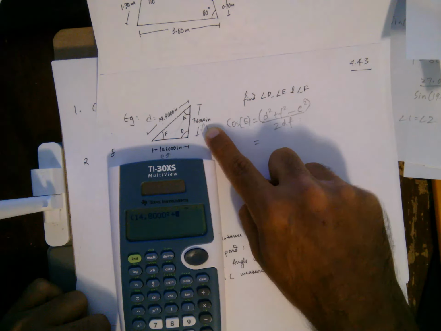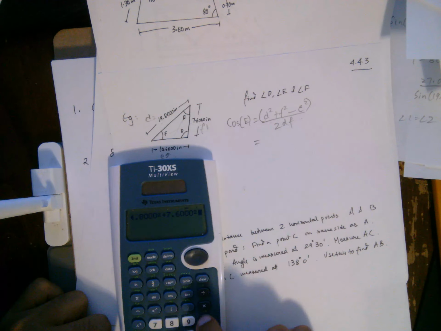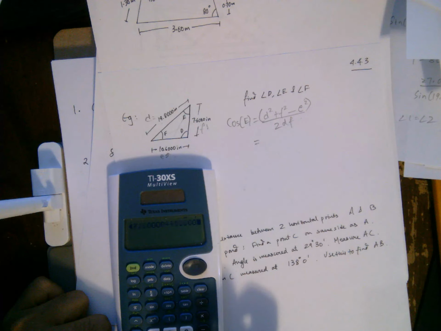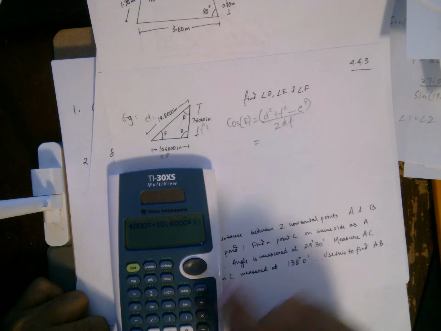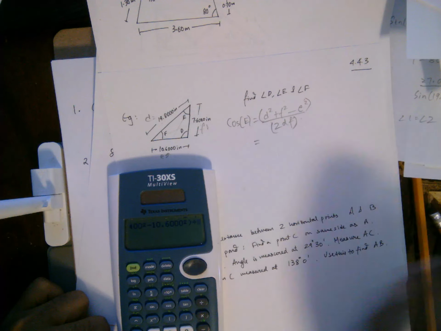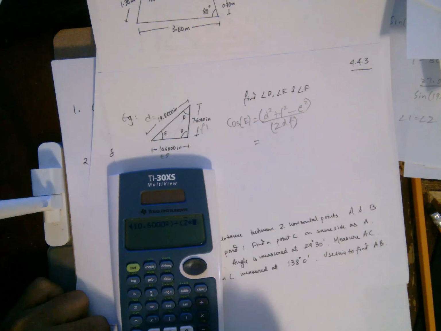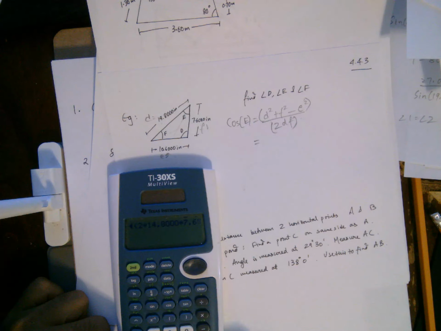I identify F as this one, 7.6000 squared minus E, 10.6000 squared, and I close my parenthesis. Now that's my numerator, so I can write divide, and let's put this under parenthesis just for good practice. 2 times d, which is 14.8000, times f, which is 7.6000, close the parenthesis. Okay.